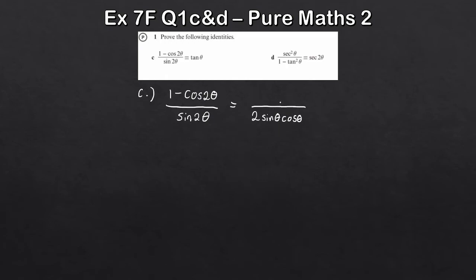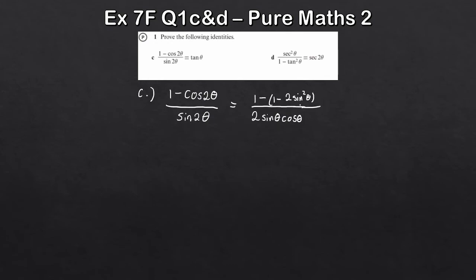1 minus cos 2 theta. Well, if this is going to be sine over cos, what we need to do is cancel this 2 sine theta, because we need sine theta over cos theta. So how can we do that? Well, for cos 2 theta, we want to cancel the 2 sine theta here, so I'm going to substitute in 1 minus 2 sine squared theta.